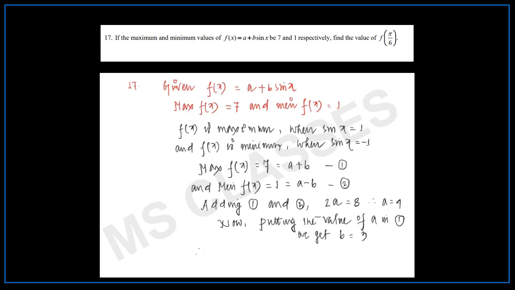Therefore f(x) equals to 4 plus 3 sin x. And we have to find f of pi by 6. That is 4 plus 3 sine pi by 6. That is 4 plus 3 by 2. That gives us 11 by 2. Is the required result.